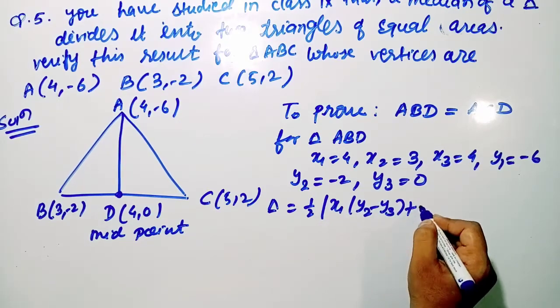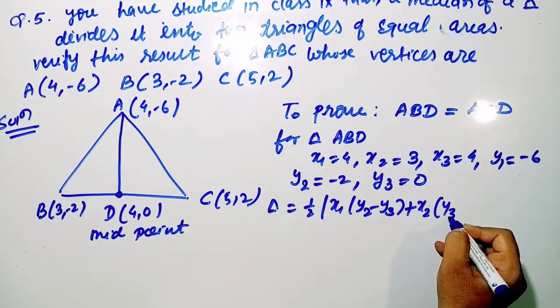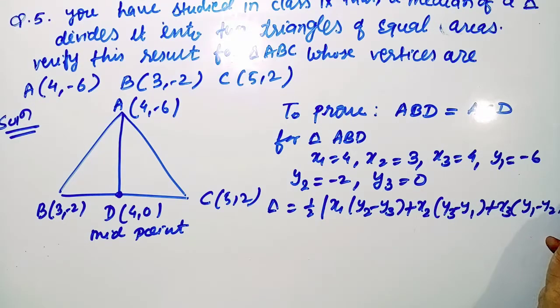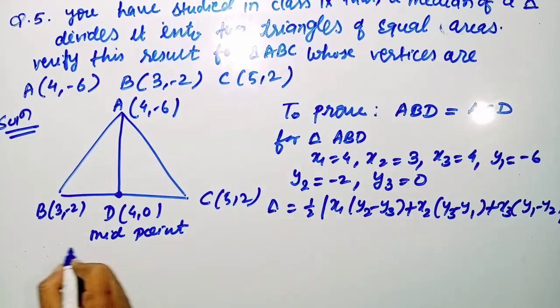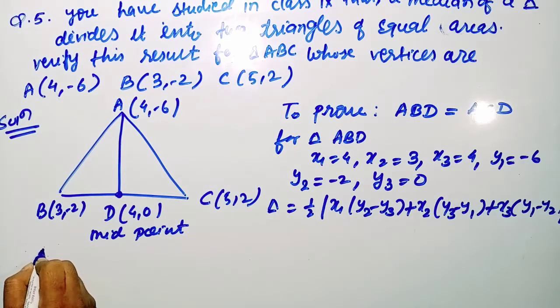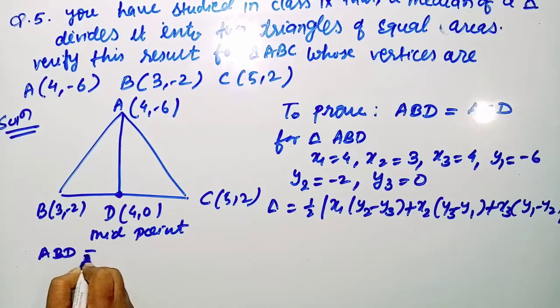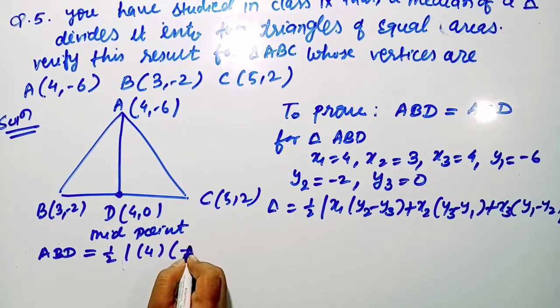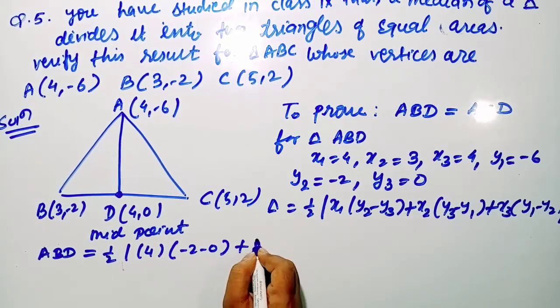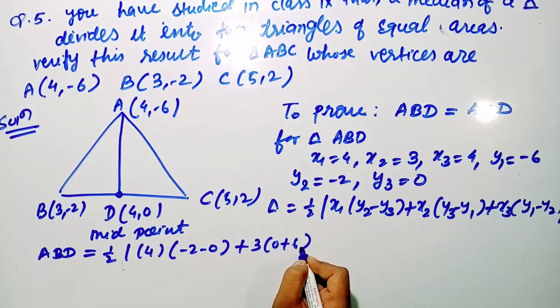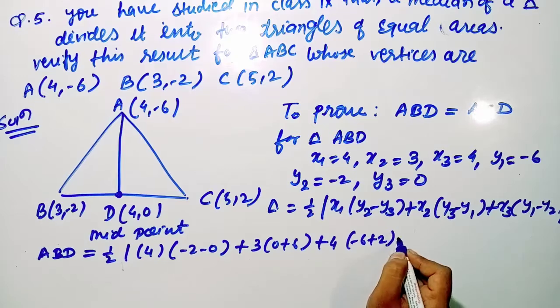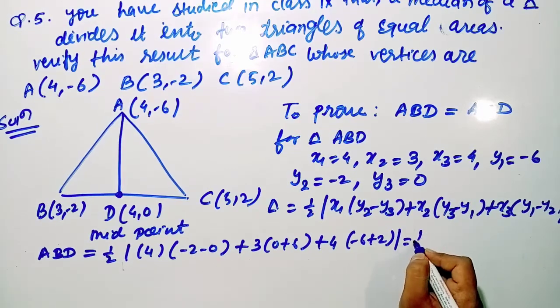Area of triangle = 1 by 2 modulus of [x1(y2 − y3) + x2(y3 − y1) + x3(y1 − y2)]. Now students, we will put the values of x1, x2, x3 and y1, y2, y3 for triangle ABD, then x2(y3 − y1), then x3(y1 − y2).